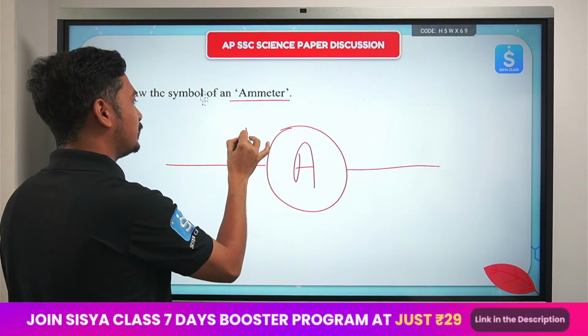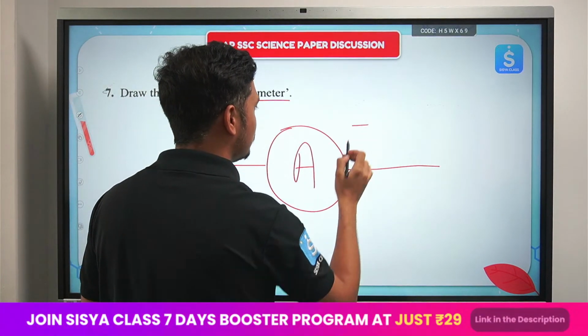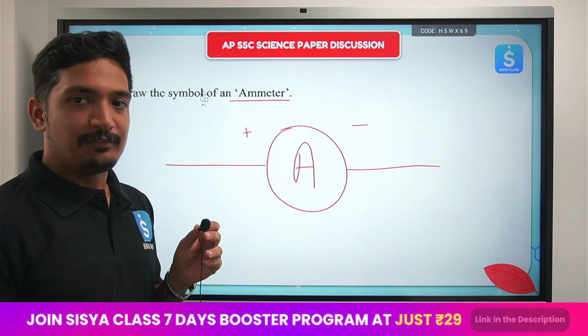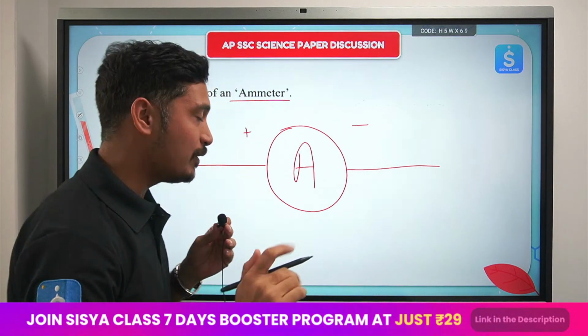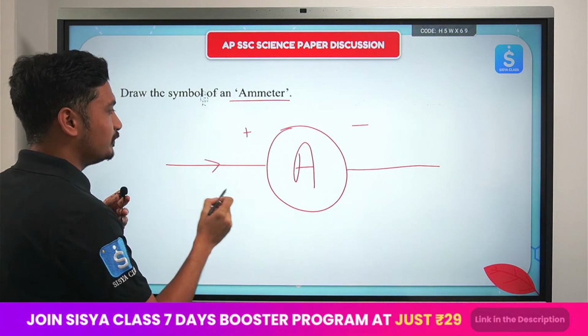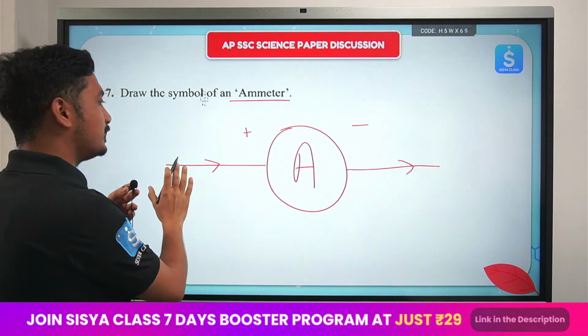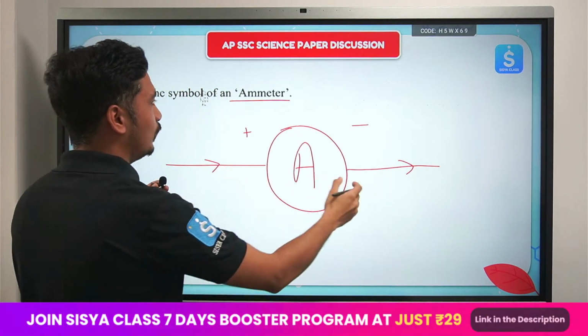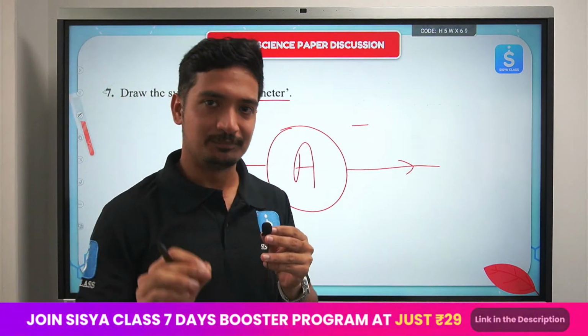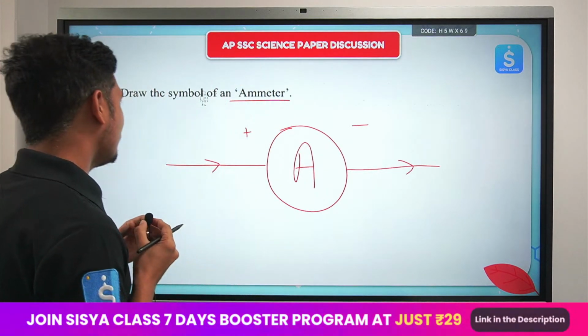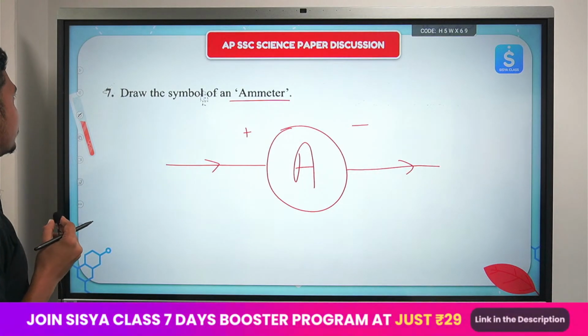One wire will be connected to the positive terminal and the other one to the negative terminal. If you have done this much, it means that you have answered it correctly. However, you can add the direction of the current also, showing that the current is moving from the positive terminal all the way up to the negative terminal. So this is the only answer for this question. Super easy. Okay, fine. This is how the ammeter can be created.